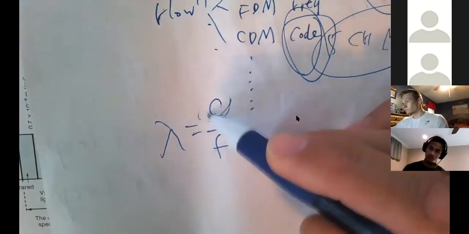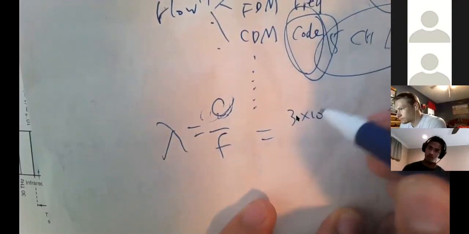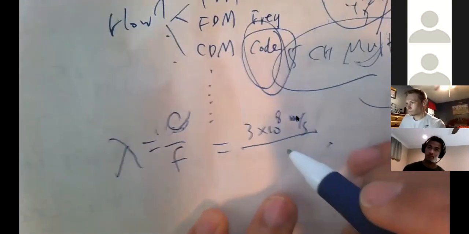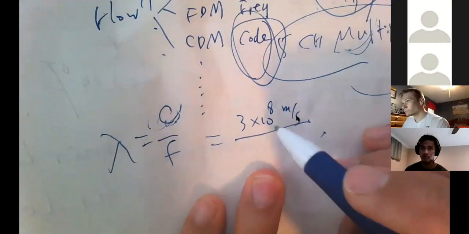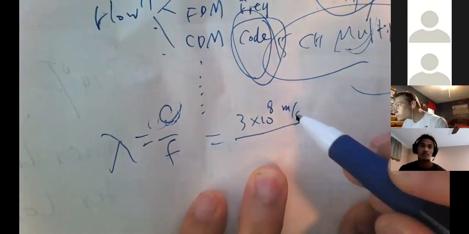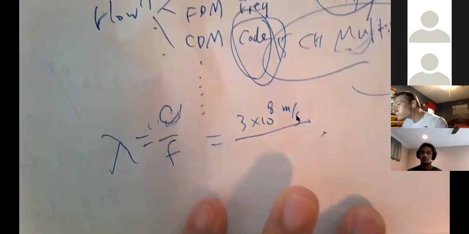This is the speed of RF, that's how fast RF travels. Is that right? I hope I'm right. 3 times 10 to the power 8 meters per second. That's how fast light travels.